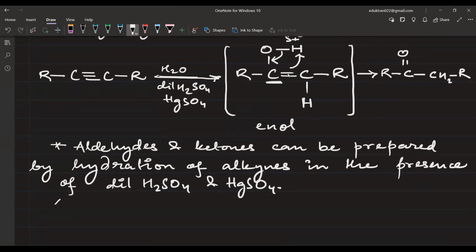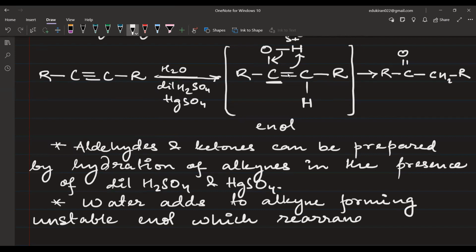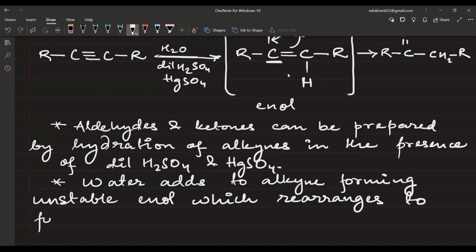What happens first? Please write: water adds to alkyne, forming unstable enol, which rearranges to form aldehyde or ketone.